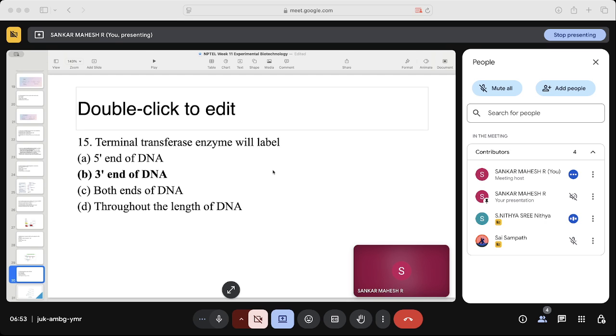Sir, in terminal transferase, deoxynucleotides are added to the 3' end of DNA molecules. Okay, what is a terminal transferase? Why is it needed? And how is it different from a polymerase?